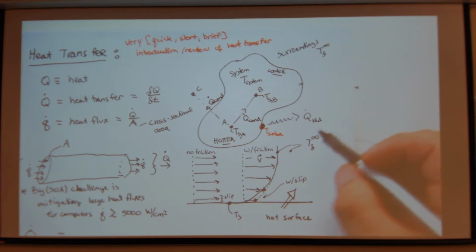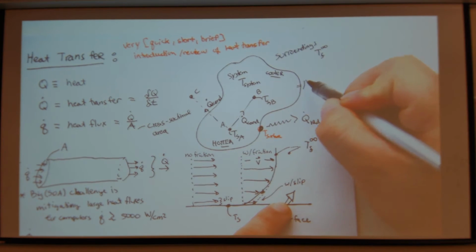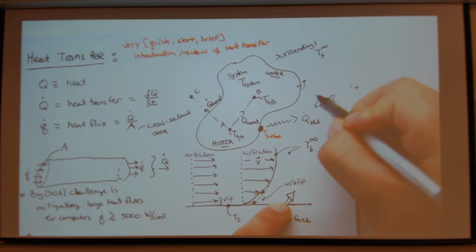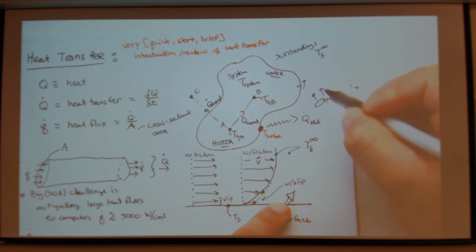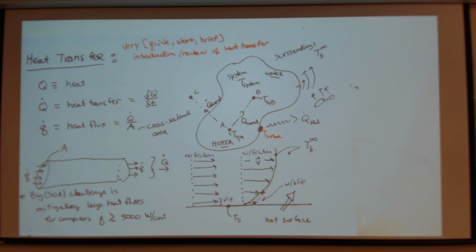And then the third type is convection. Let's say I have a fan here, which is blowing air across my surface. If I'm driving down the road and I stick my hand out the window, it feels cooler, right?